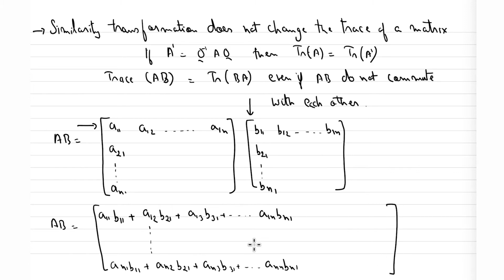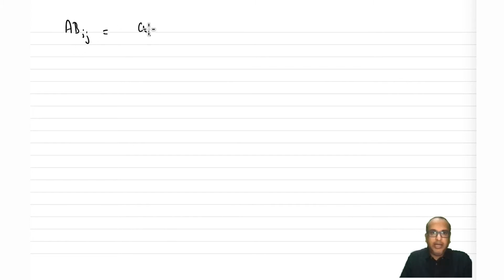So this will be the general product. Let's say if I want to write this product in short notation, I can say that any element Ij of this product matrix can be written as AI1 B1j plus AI2 B2j plus up to AIN BNj, right?